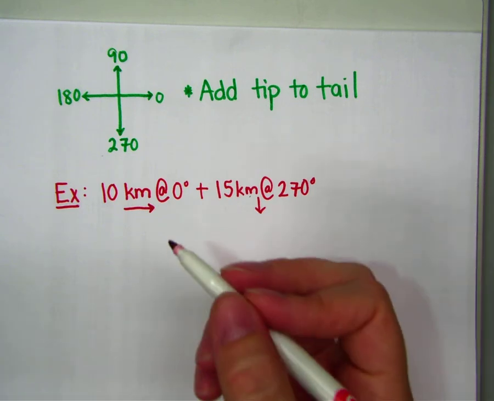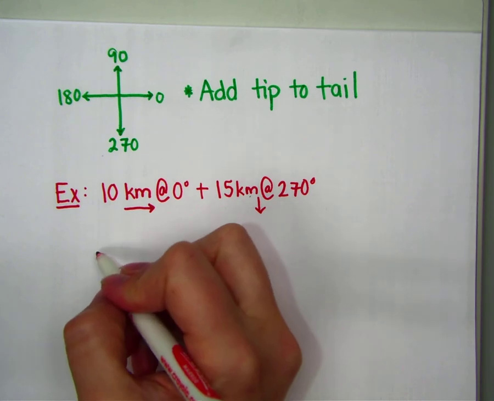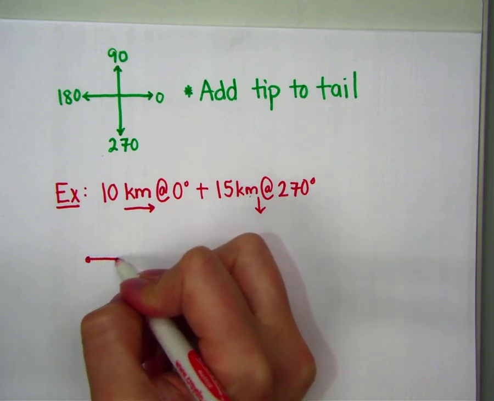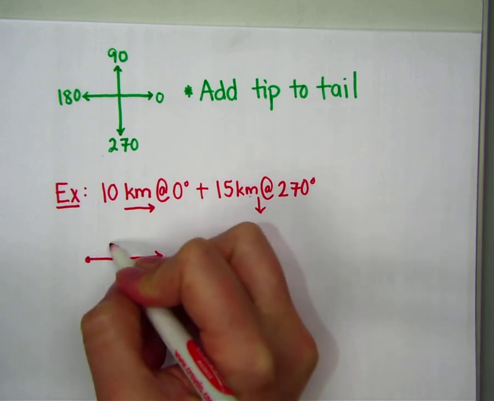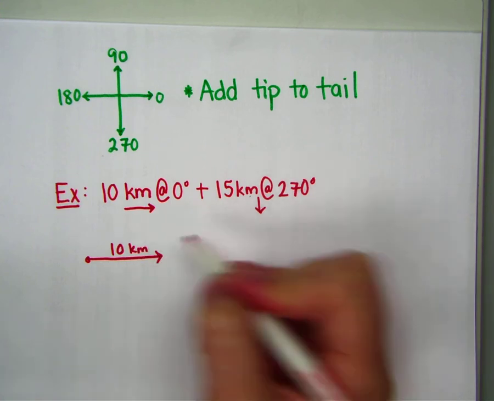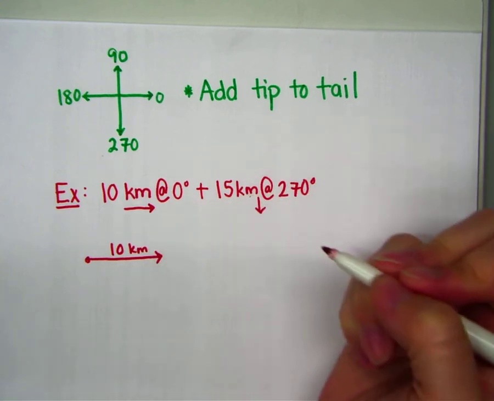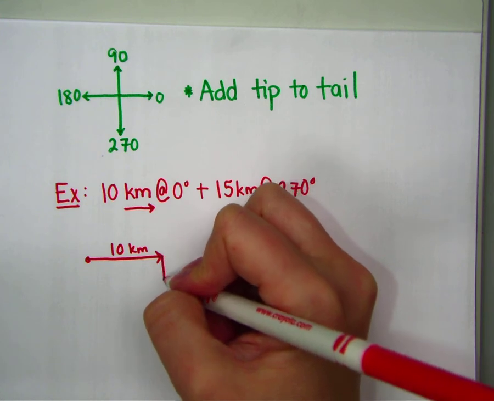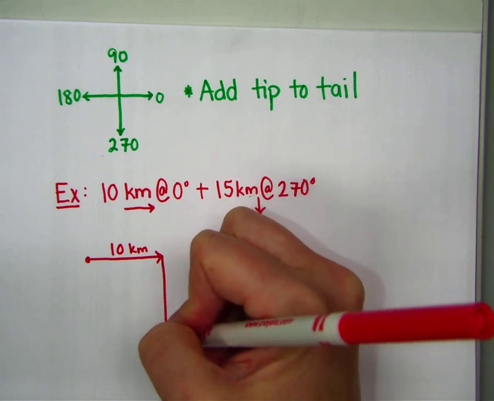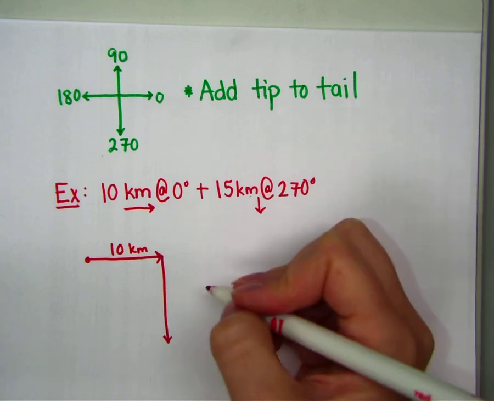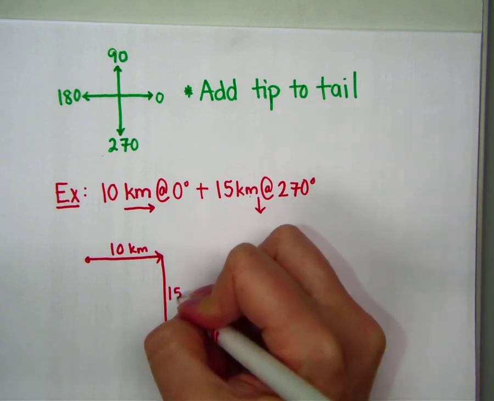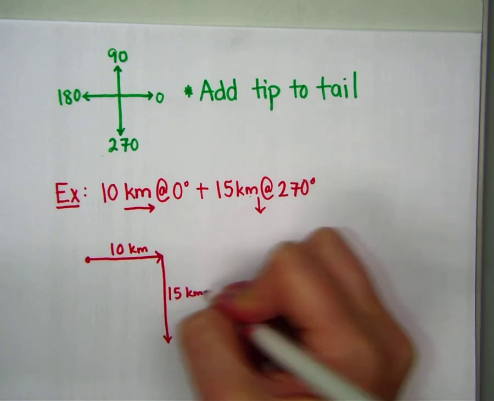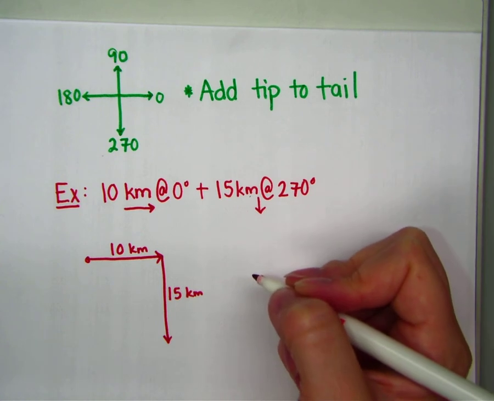So the first thing I'm going to do is draw my first arrow of 10 kilometers. Try your best to be realistic with the sizes of your arrows, okay? The 10 should not be longer than the 15, if that makes sense, okay?